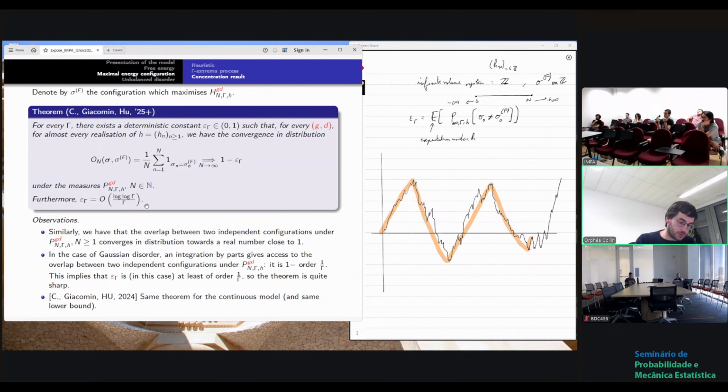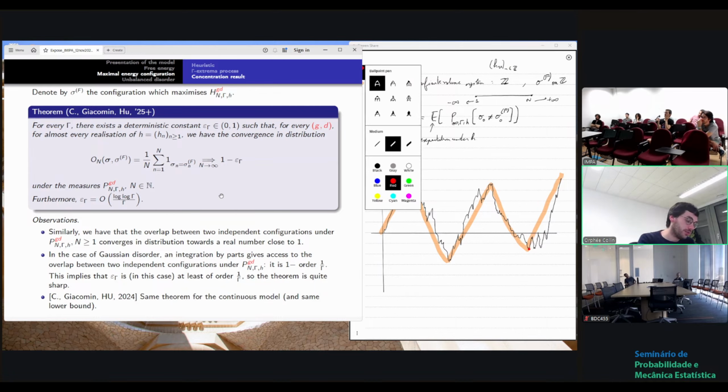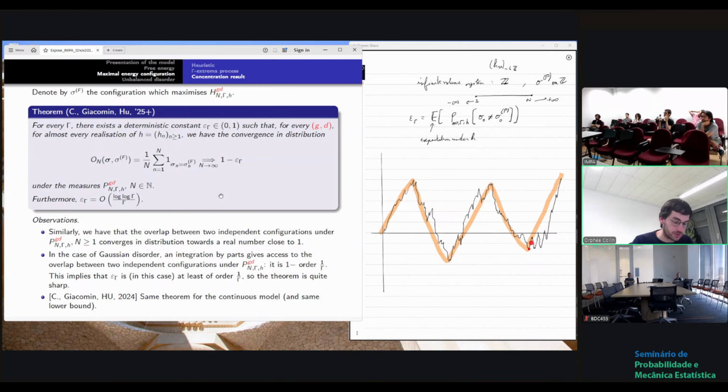So there are different behaviors in play. Around an extremum, the true configurations will pick a neighbor. They won't change exactly at this position, but they will switch somewhere around.